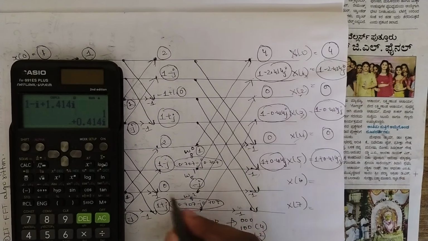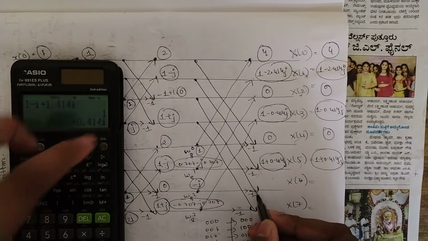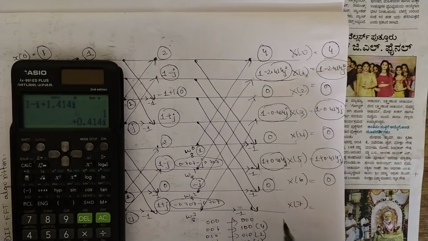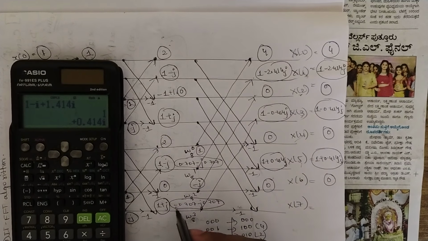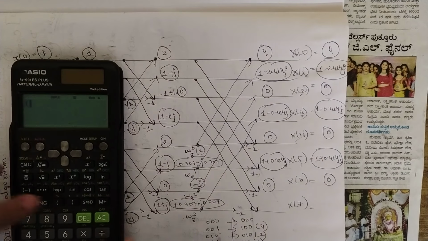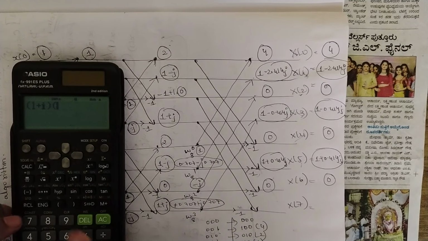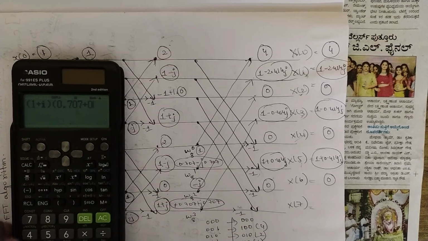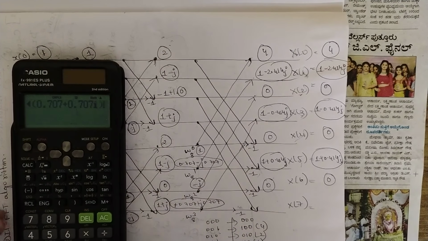Okay, so here again 0 into minus j into minus 1 is 0, and here we have 0 only, so 0, 0. Our final value is 1 plus j into this term into minus 1. So if we have into minus 1, these two signs should be becoming plus now. That is 1 plus j into 0.707 plus 0.707 j.